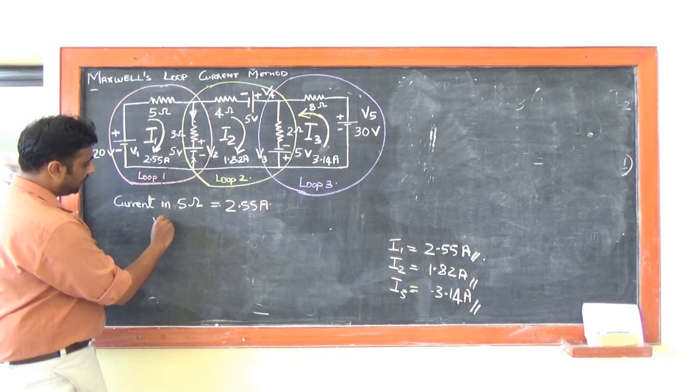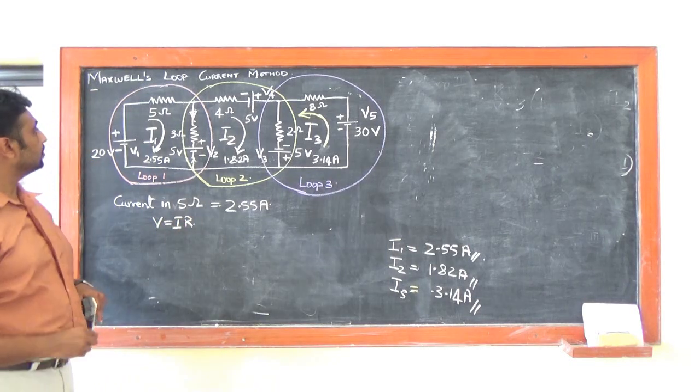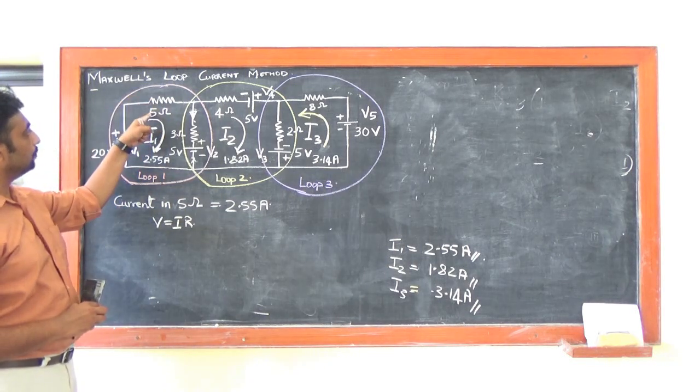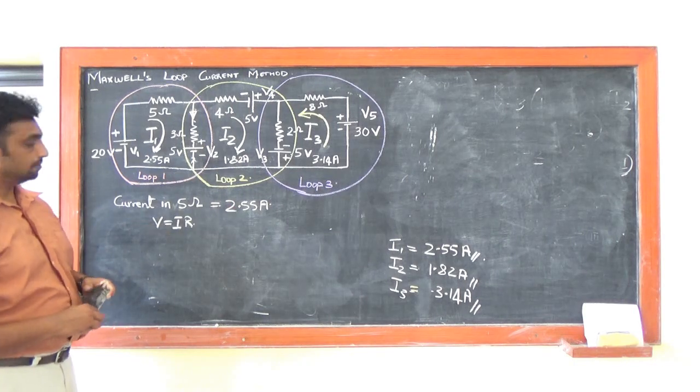As we know, V equals I into R. What will be my voltage across this? I have 5 ohms, I have my resistor value, and I have my current value.